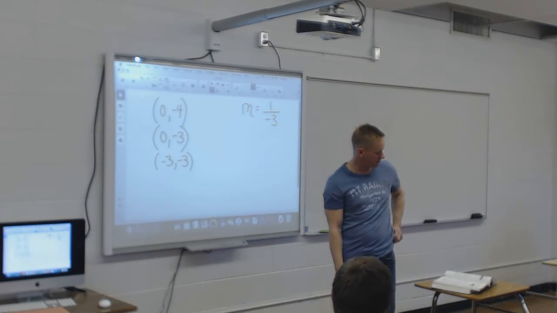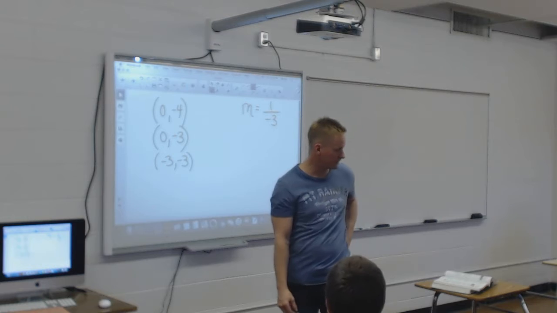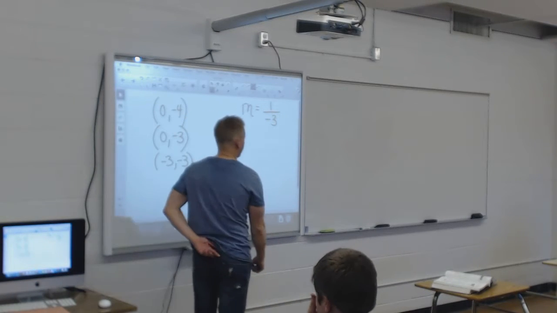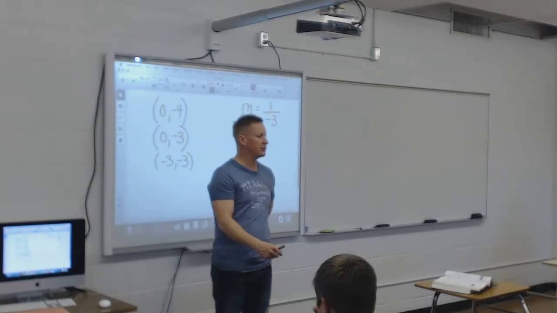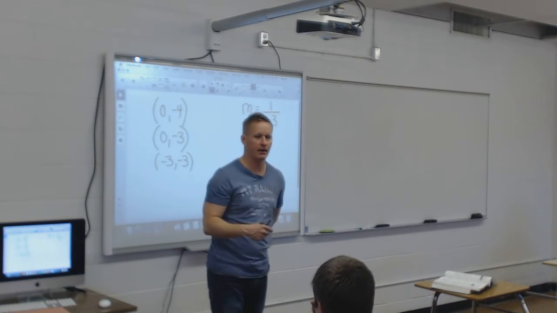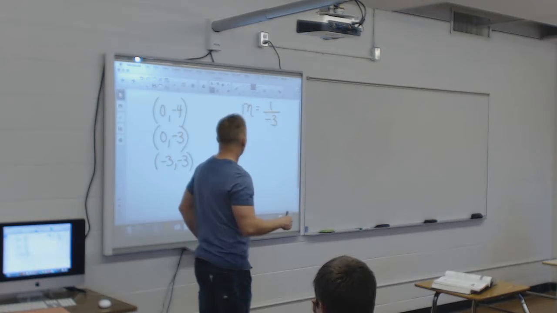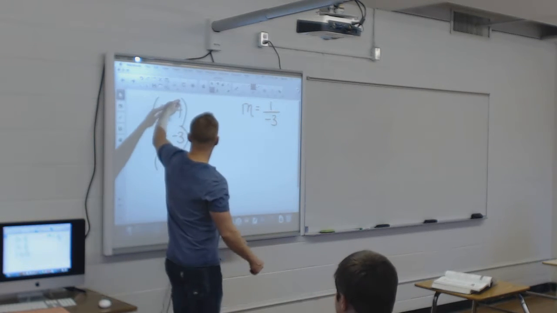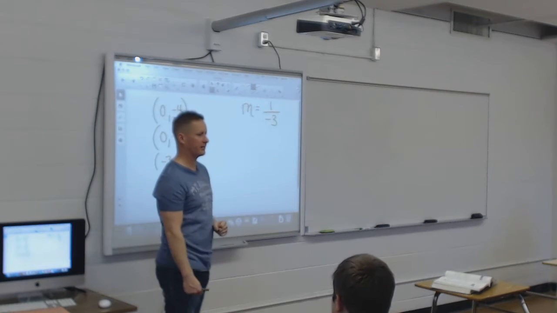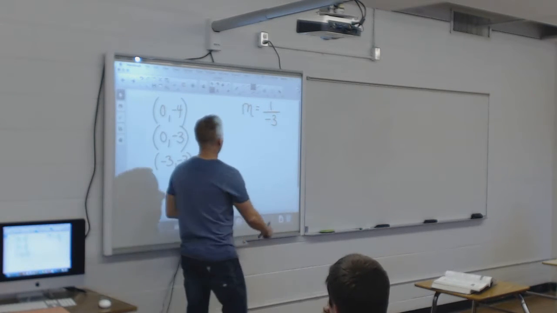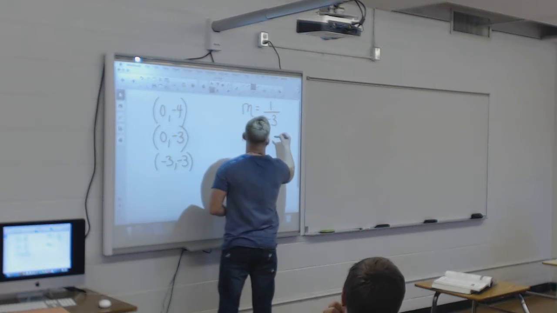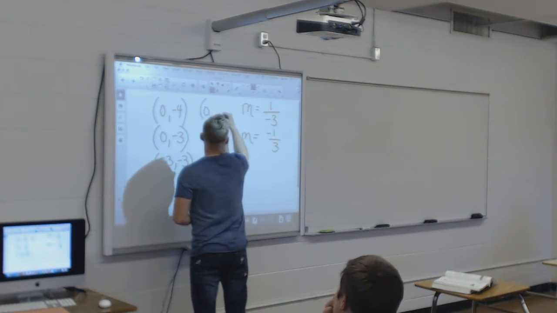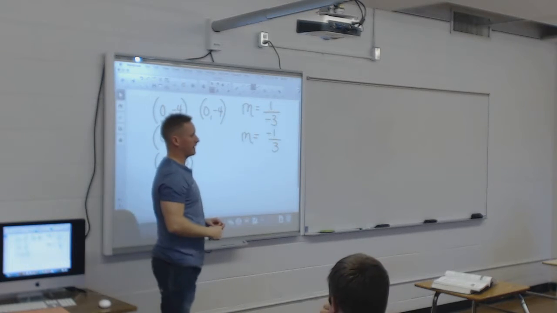Okay, you're asking me about the third one from the bottom, or the second from the bottom there? Okay, this is a good question. And I want you to watch this right now. So there's my slope, 1 over -3. I went 0, -4, -3, -3, right? Okay, so my slope is that.